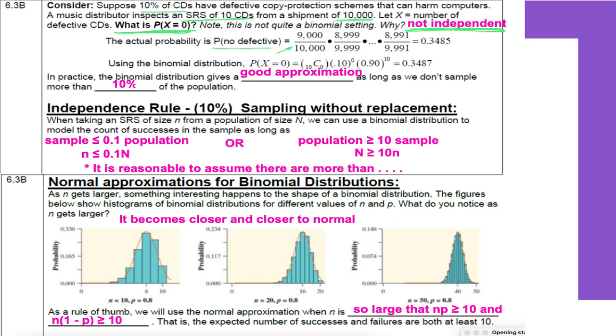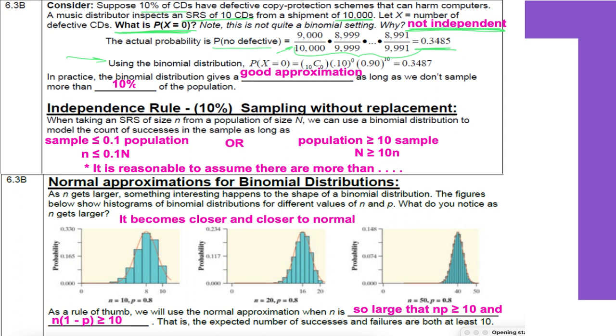For the next one, we want a success again, so now there are 8,999 good, non-defective ones left out of 9,999, and so on. You do this 10 times, and you get 0.3485.